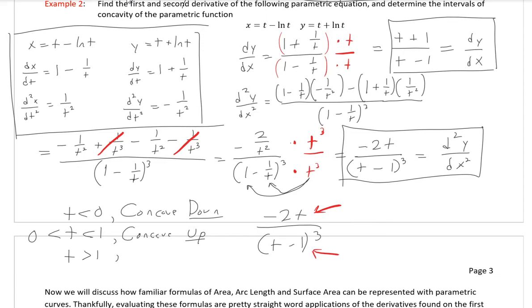And I can do that one more time. With t greater than 1, it means it's positive. Negative 2 times a positive number is negative. Positive, something bigger than 1 minus 1 is positive. To the third power is positive. Negative over a positive will give you concave down.